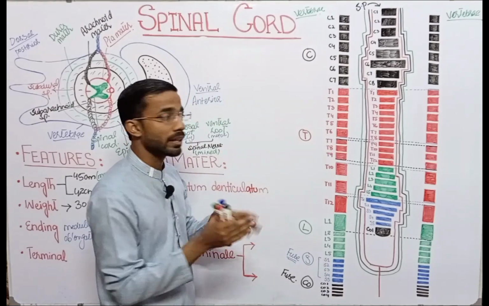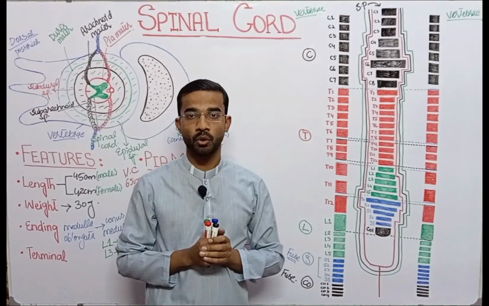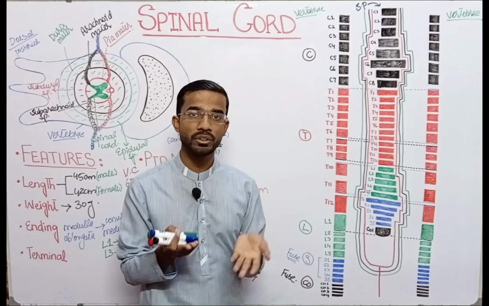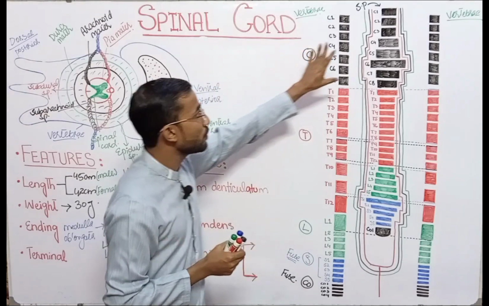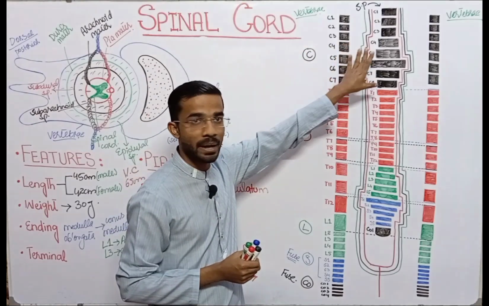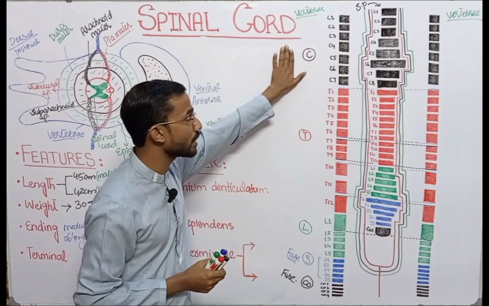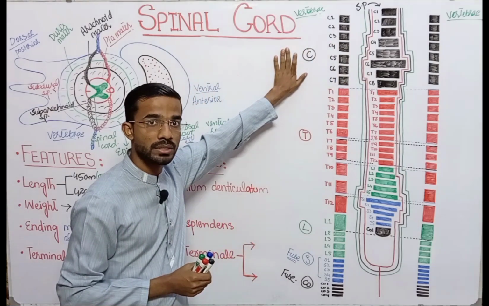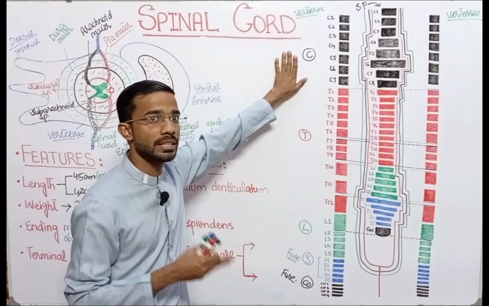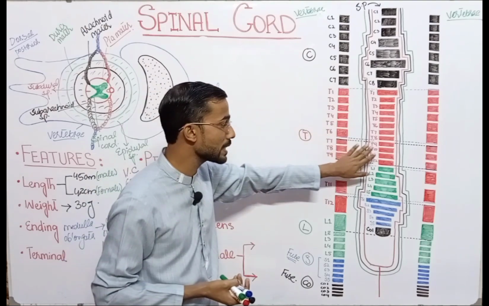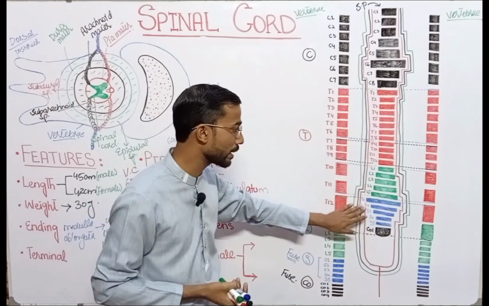And we also divide the spinal cord into different segments according to the vertebra. The segment of the spinal cord which is present at the cervical region is called the cervical segment, then thoracic segment, then lumbar segment, sacral, and coccygeal.